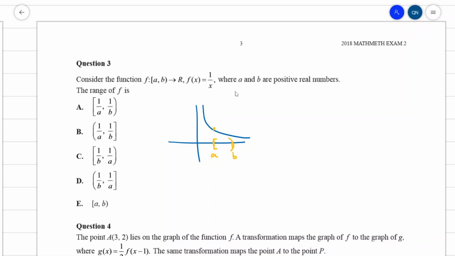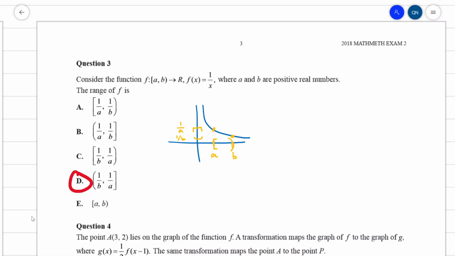Well, we have 1 over A, which is going to be the upper bound, and then 1 over B, which is going to be the lower bound over here. So it's 1 over A, 1 over B. We want 1 over B before 1 over A, so it's looking like option C or D here. And we want exclusive on 1 over B, so it has to be D.